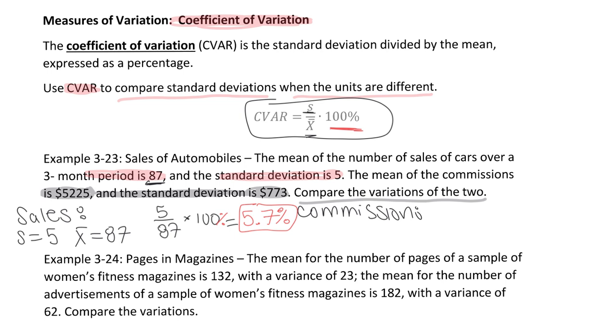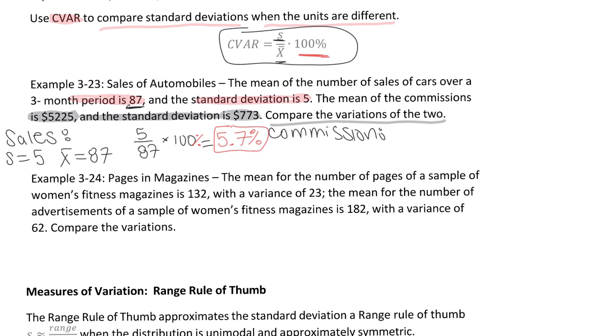Now I want to give you a moment to find the CVAR for commissions. They give you those two numbers. So they gave me the standard deviation as 773.